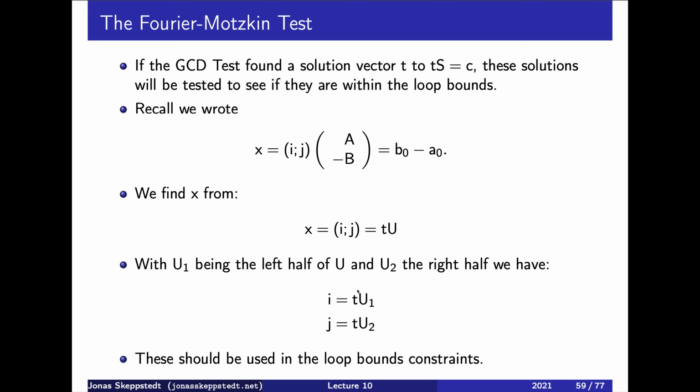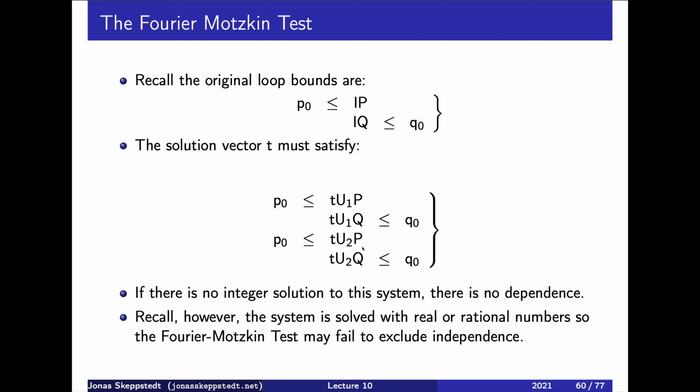Okay, so how do we do that? Well, recall x is really this one, and then we can find the i part by computing t times the left half of the U and j as the right part of U. And then we have these are the loop bounds. Okay, so we can insert this. We have two references, obviously, and so therefore we get twice as many as there.